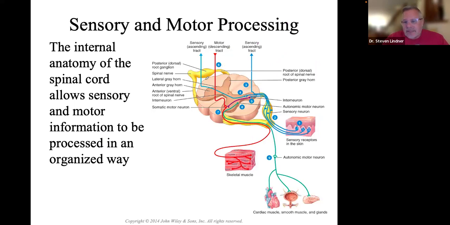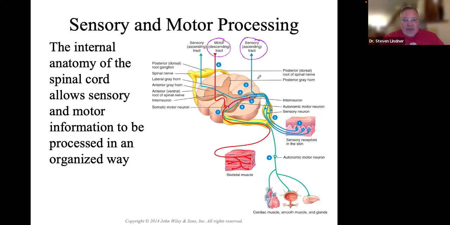In terms of the sensory and the motor processing, the internal anatomy of the spinal cord is going to allow the sensory and motor information to be processed in a pretty organized way, right? You can see information can come in and then ascending tracts go up, and then you're going to have motor tracts or descending tracts go down.